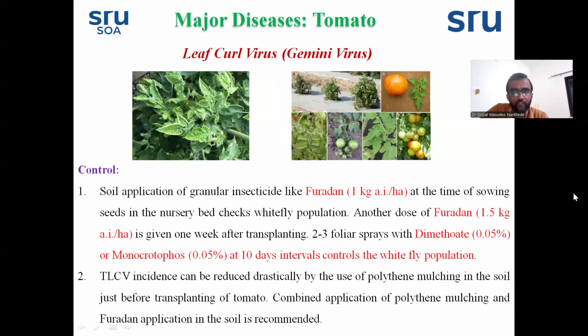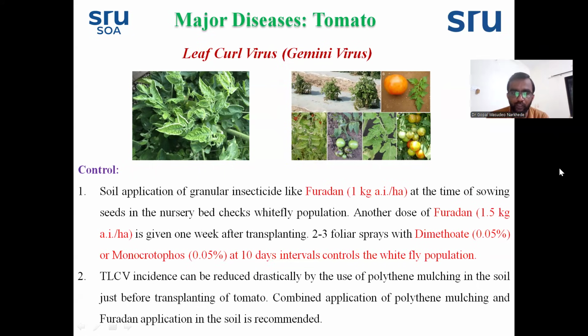Then next is leaf curl virus. Here you can see the symptoms on fruit as well as on leaves. As far as control measures, soil application of a granular insecticide like Furadan at the time of sowing in nursery beds.